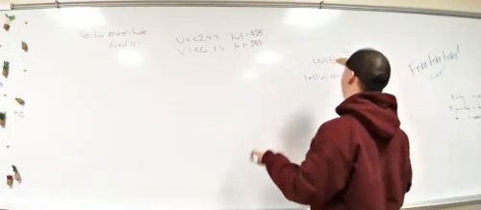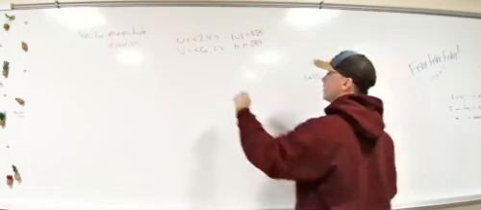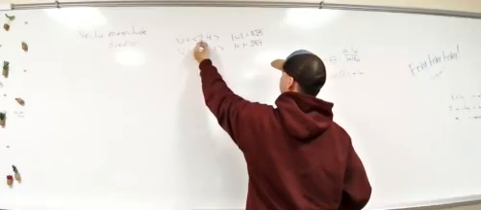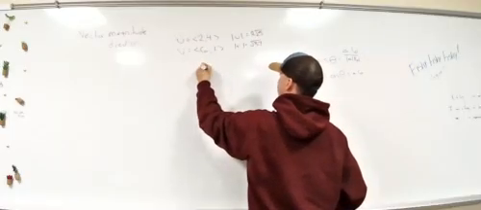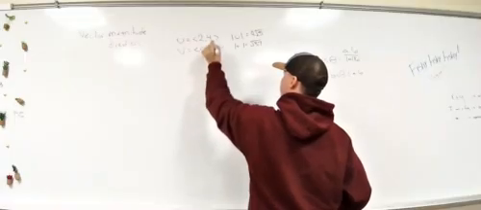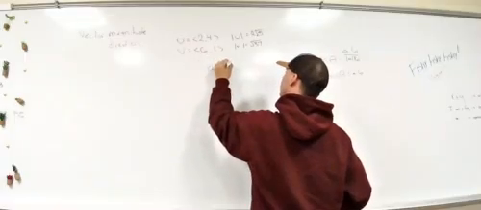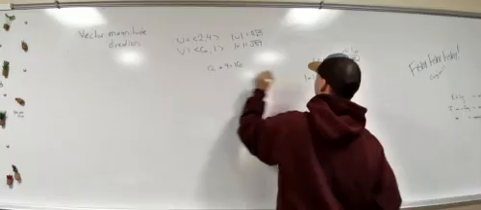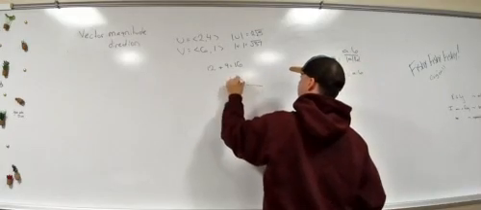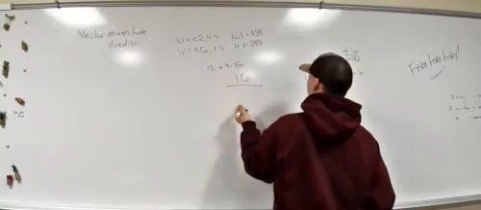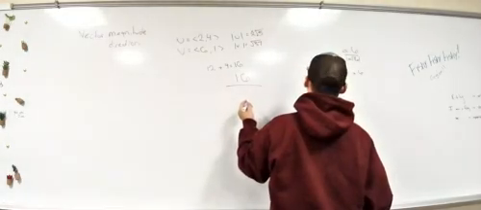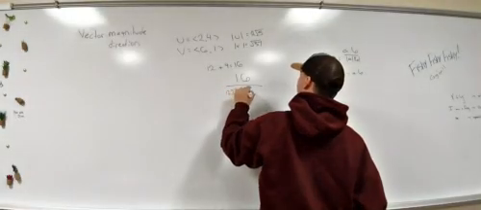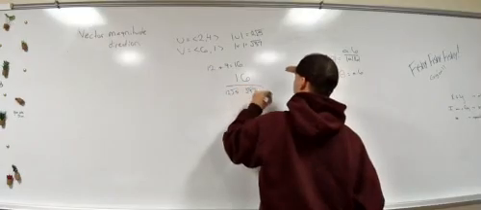So now that we have those, the dot product: 2 times 6, the x values, is 12, plus 4 times 1, the y values, is equal to 16. So if we're going to take the equation, we have the dot product on top, which is 16, divided by 2 root 5 times root 37.